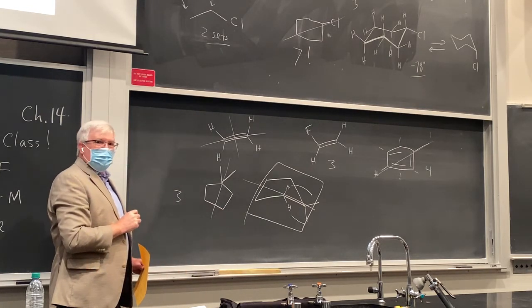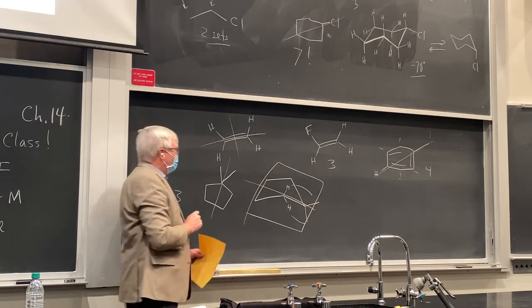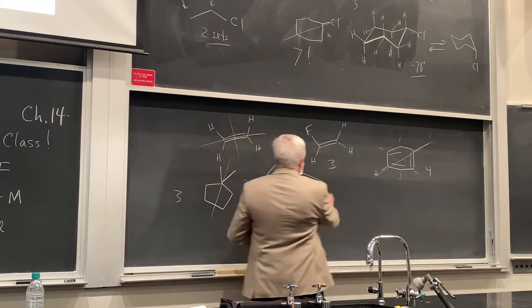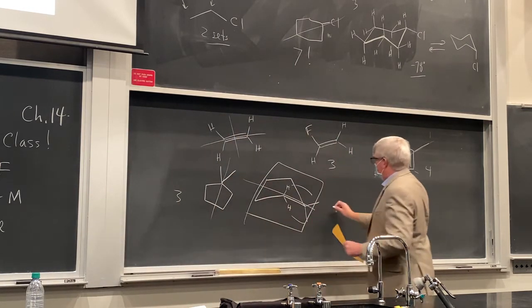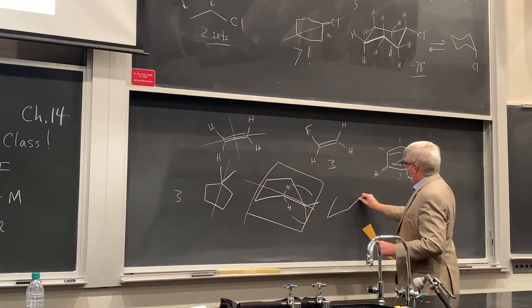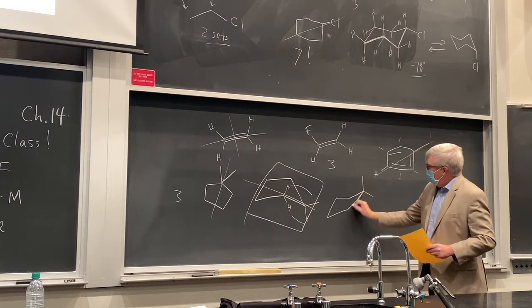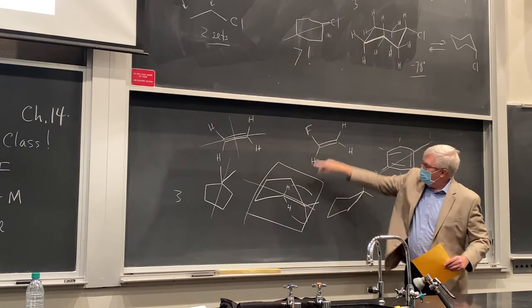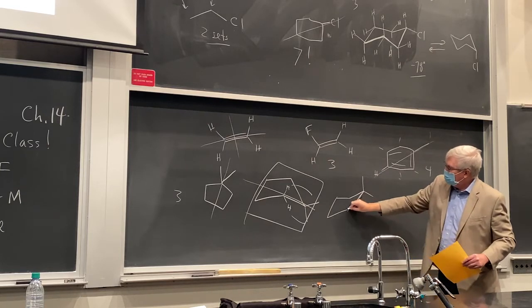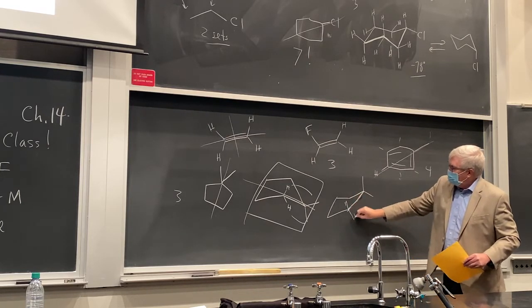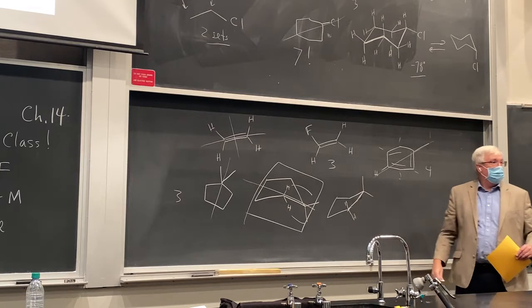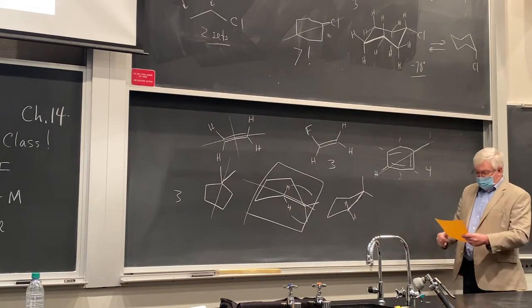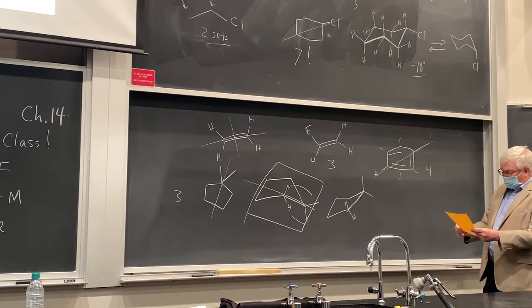Hopefully you can see that. Is that okay? Yeah, if you have this flopping up, this carbon right here is coming up and down, and that makes these two then the same. Okay. All right.